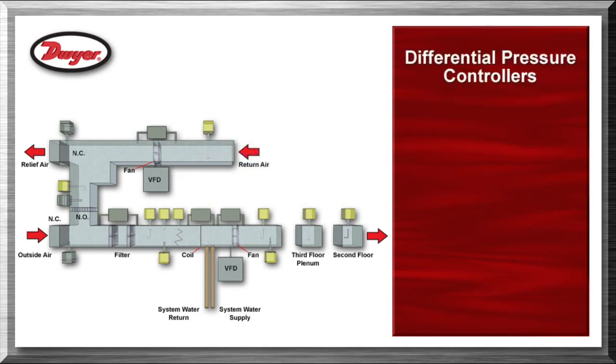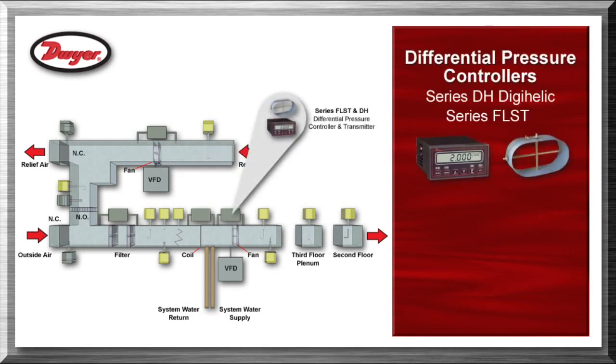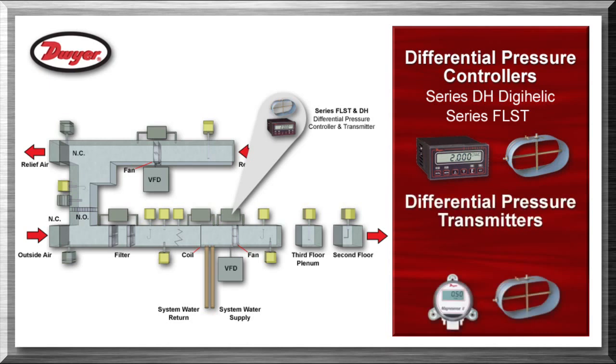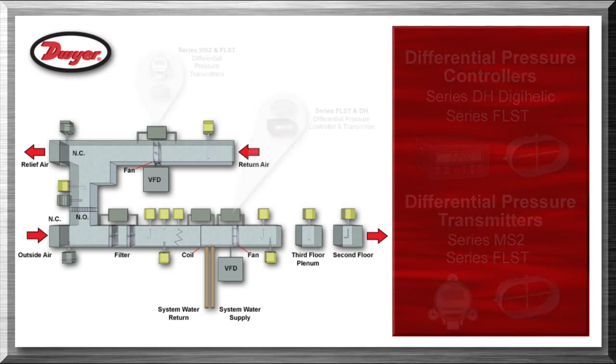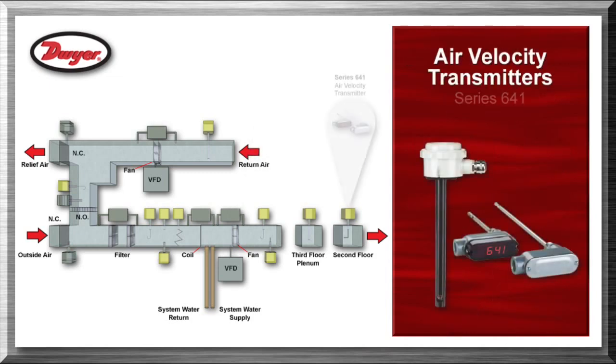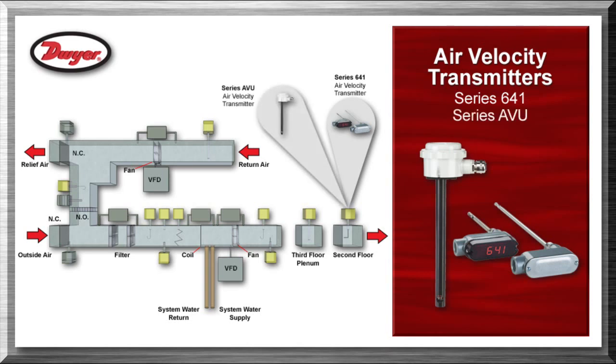Differential pressure controllers, series DH digihelic, or differential pressure transmitters, series MS2, are used with an airflow station such as the series FLST to monitor the airflow rate exiting the fan. Air velocity transmitters, series 641 or series AVU, are used to monitor the airflow rate exiting the fan.